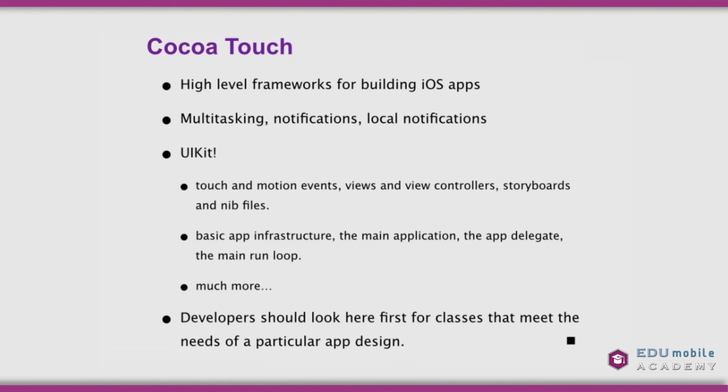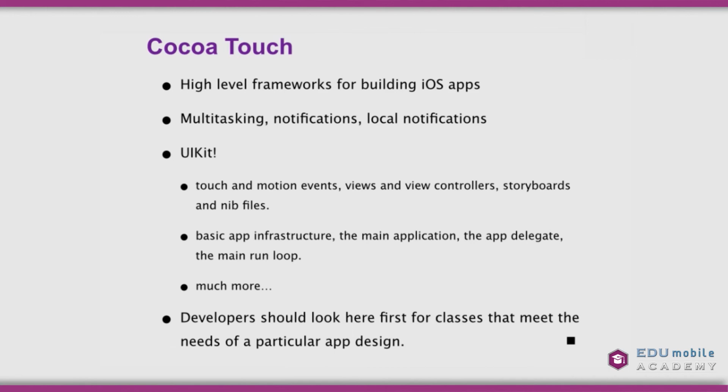It contains things like multitasking and notifications and local notifications and things like that, but it also is our main interface to UIKit, User Interface Kit. These are the touch and the motion events that we're familiar with, the views and the view controllers, the storyboards and the nib files. Everything that a user sees and interacts with is inside UIKit.